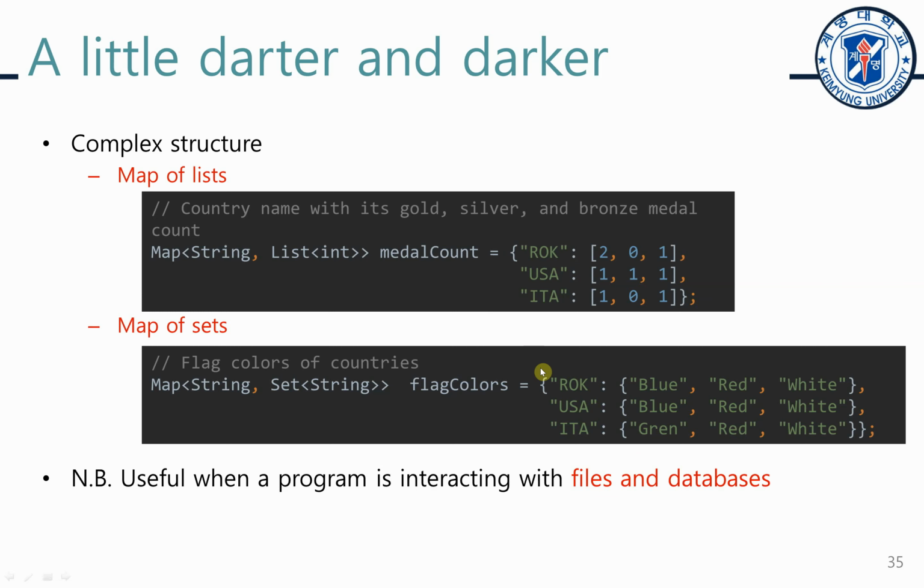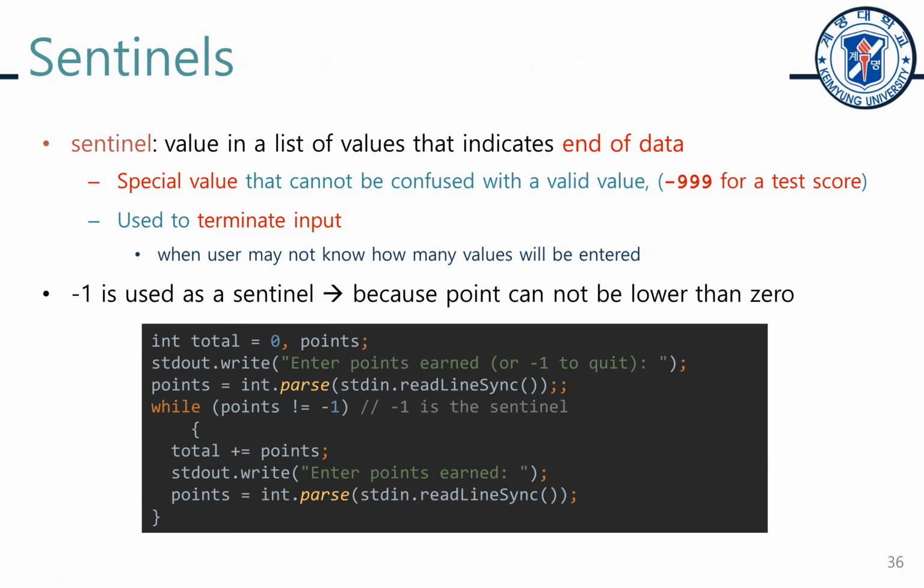Another thing that is deeper and deeper is to use sentinel values. What are sentinel values? We've already actually used sentinel values in our previous programs. The sentinel values allow us to find or to indicate the end of data.